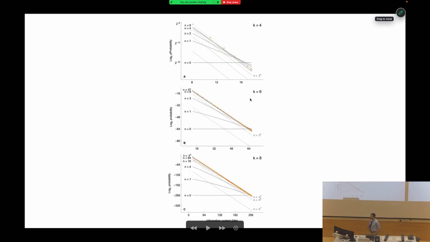Now here, I plotted something. I've put this in the language of the input-output maps that you saw at the beginning, where you have frequency and complexity. The complexity here is just the information content of the output, the log of the probability. In each case, here we have 4 inputs, 6 inputs, 8 inputs.